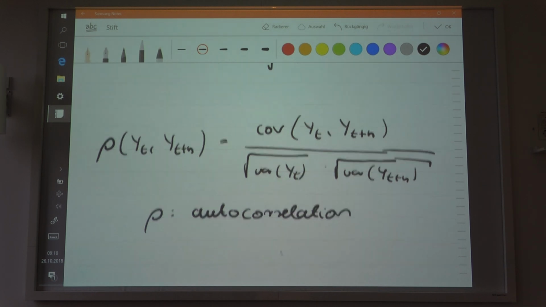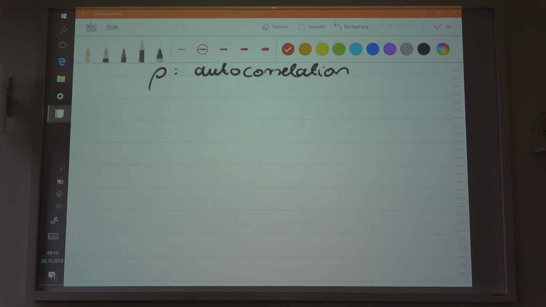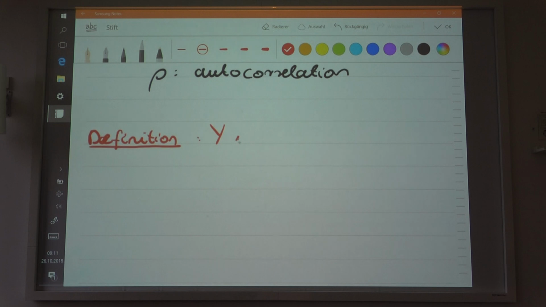Now what I'm going to do here is define a stationary process. So what is a stationary process? This is what you're going to look at. This is the next definition. The stochastic process, which I'm going to call just capital Y, is called stationary.